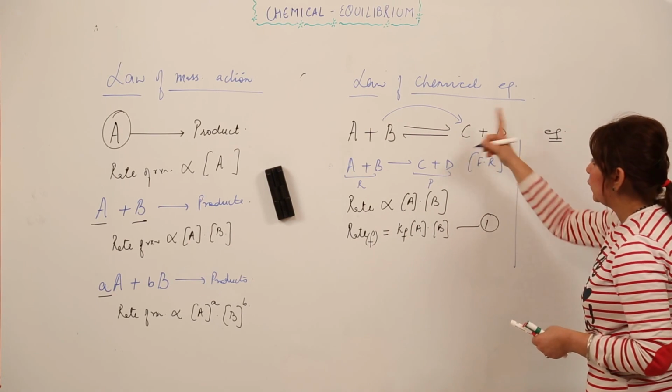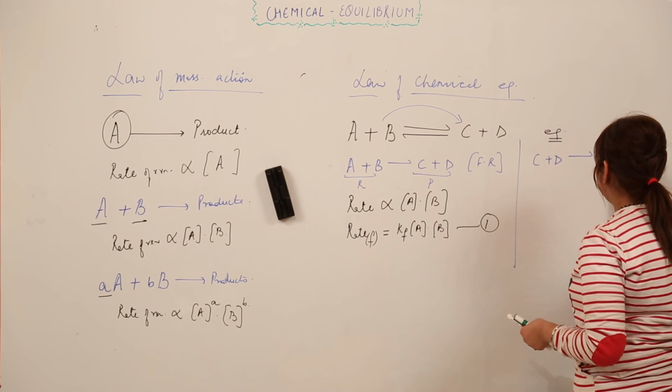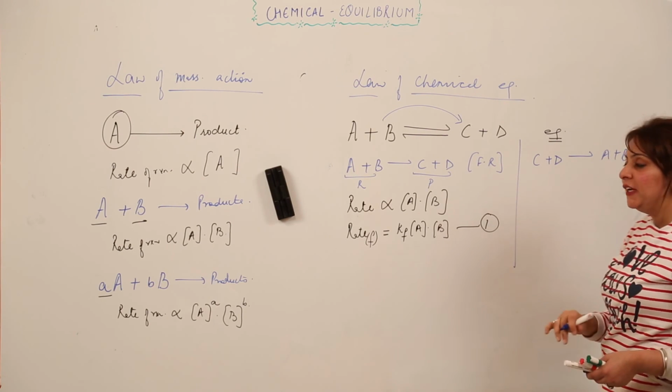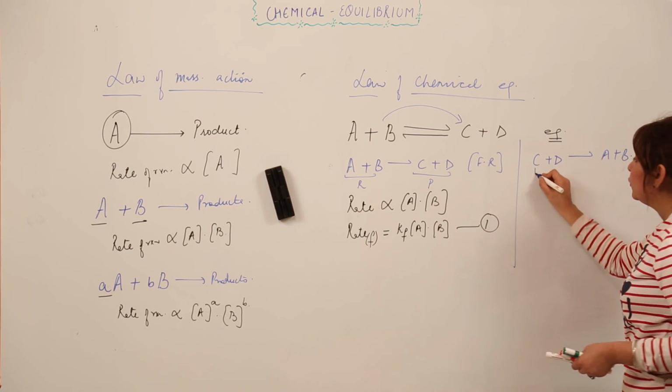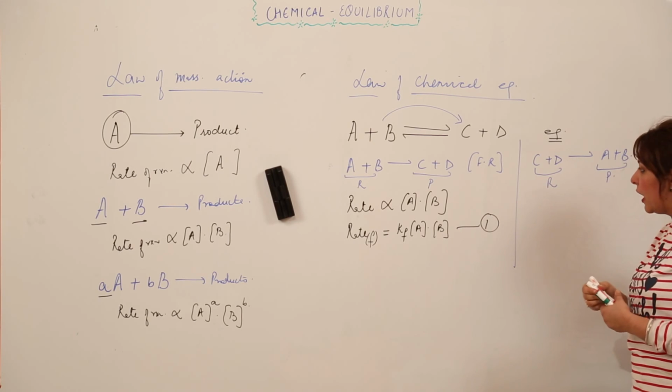So what is the backward reaction? C plus D just unite to form A plus B, right? So that means in the backward reaction, these are going to be reactants and these are going to be products, right? So how will I write it?